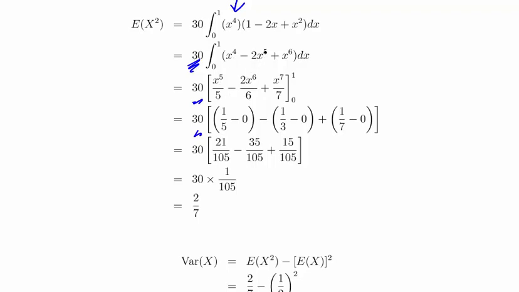Minus 2x to the power of 5, we get minus 2x to the power of 6 over 6. And here x to the power of 7 over 7, that is the integral of x to the power of 6. Again using the limits of integration, 0 and 1, we evaluate it out and get 1/5 minus 1/3 plus 1/7, which should work out to be 2 over 7. So that is the expected value of x squared.